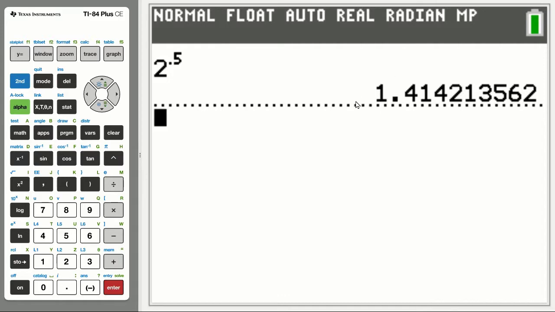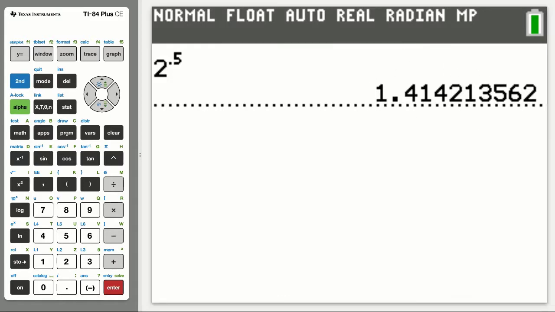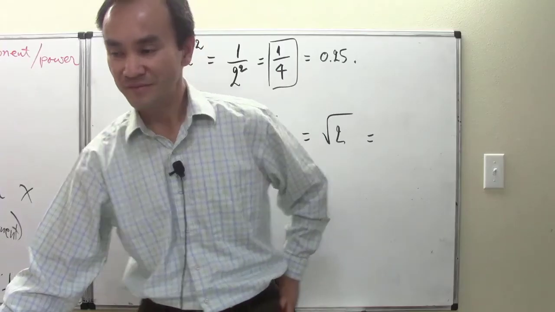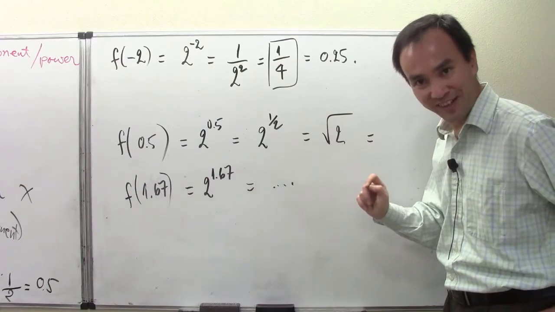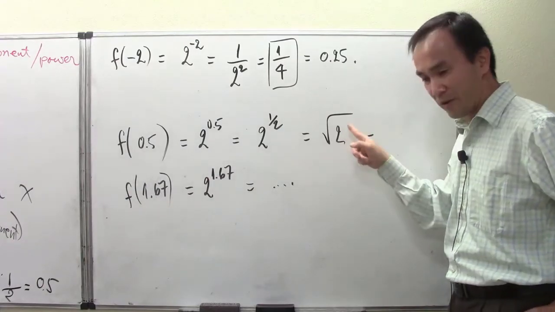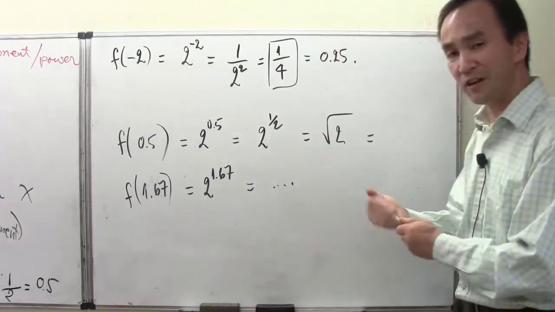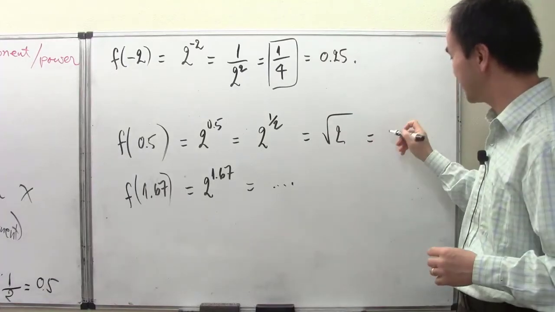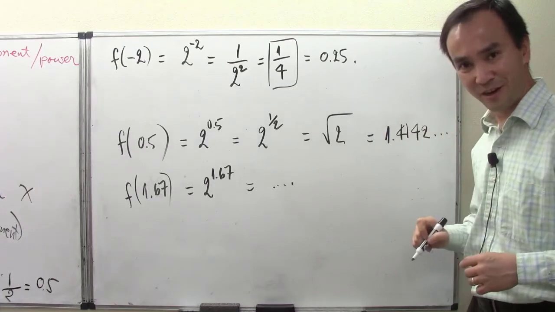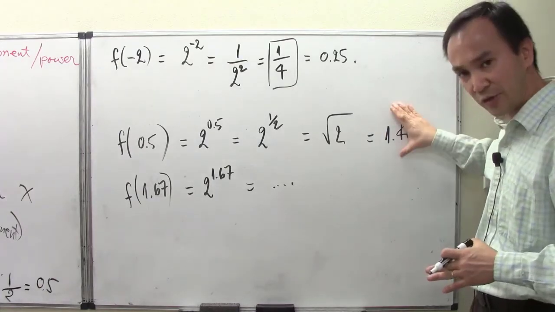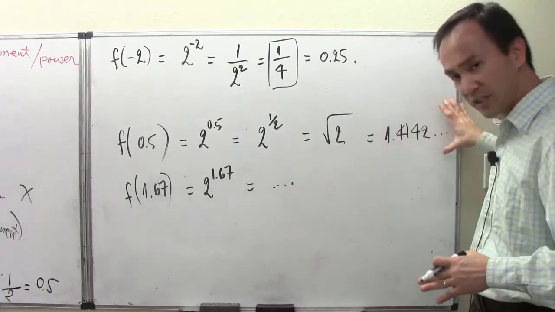All right, so this value here is the actual decimal, which is also the same as the actual value of the square root of 2. According to what we have seen on the calculator, yes, the square root of 2 is 1.4142 and a lot longer. All right, so this is the actual numerical decimal.